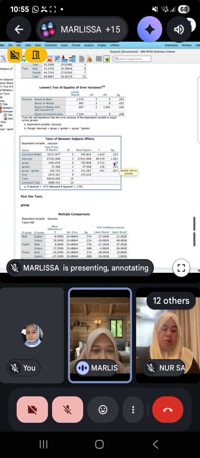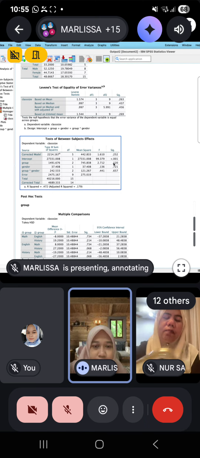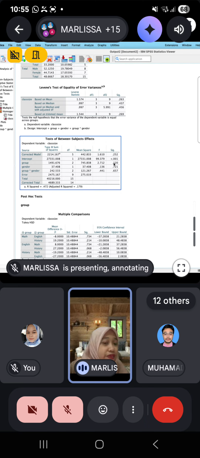So this is the significant value, which is 0.12. Okay, 0.12 meaning that there is significant or there is no significant difference. 0.12. No significant difference.